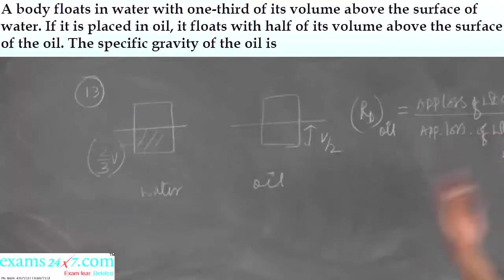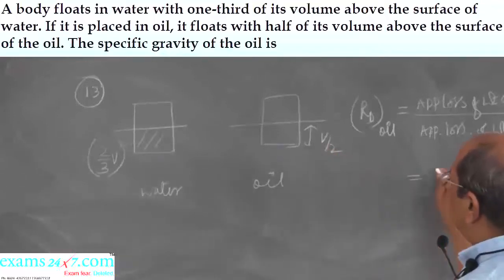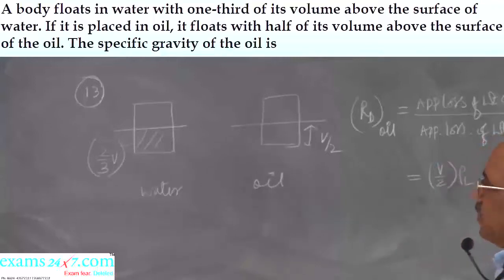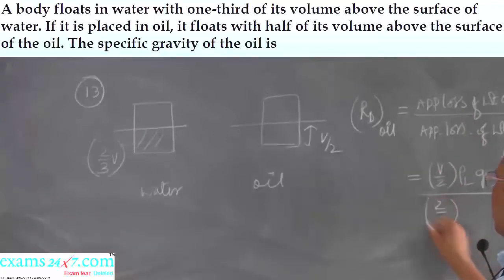That's the relation we have taken previously. So what is the apparent loss of weight of the body in oil? That means the weight of the liquid displaced. Weight of the liquid displaced is V by 2 into density of liquid into g. The weight of water displaced is 2 by 3 into density of water into g. g cancels.